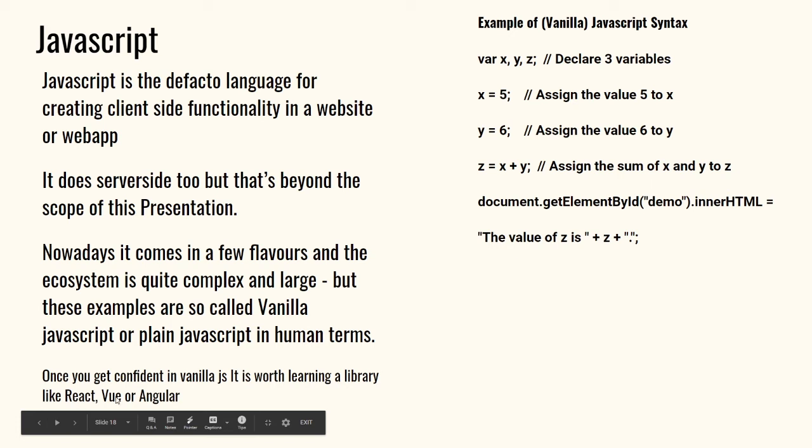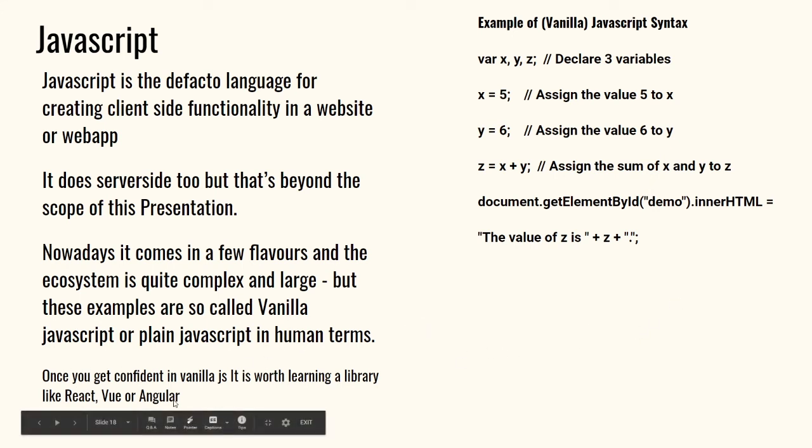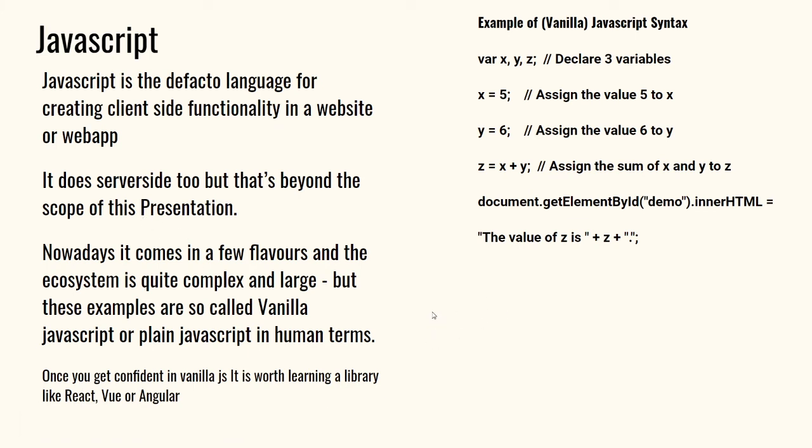I think Vue is a framework, and Angular is a framework. I'm mostly a JavaScript, React library guy, but Vue or Angular are good as well. They're worth learning, but you don't necessarily need to learn all of these things, and you should really get confident in using just vanilla JS at first before you go into any of these, React, Vue, or Angular, but worth just bearing in mind.